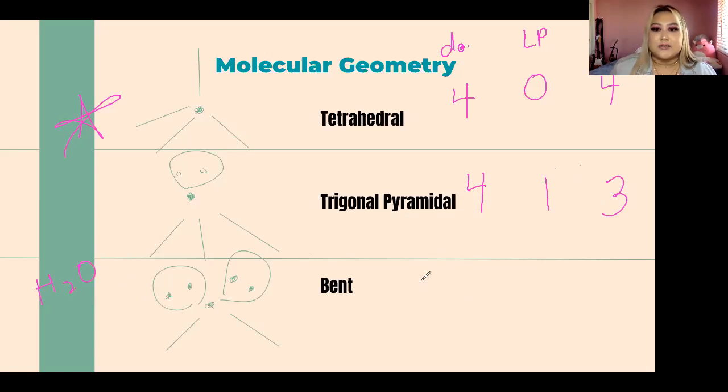This has 4 domains. How many lone pairs? Correct, Vivian, 2. And this means that this is 2. Okay, does anyone have any questions on the molecular geometry chart, what a domain, a lone pair, a bonded pair is, anything like that?